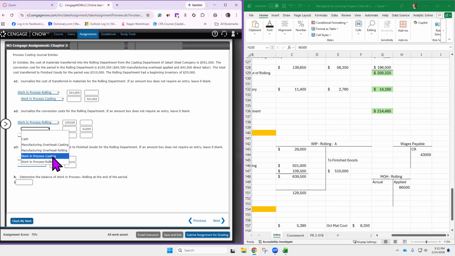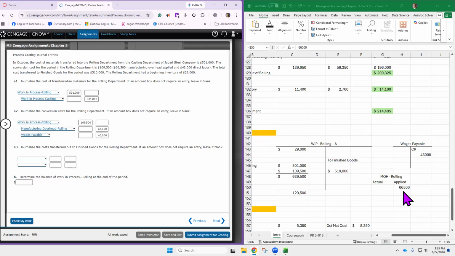Okay, work in process, rolling. Okay, that's all of it. Work in process, and then 43,000 is going to be wages payable. Let's put that one at the bottom. Okay, and then manufacturing overhead rolling. Be careful that you use the right one. That's going to be 66,500.